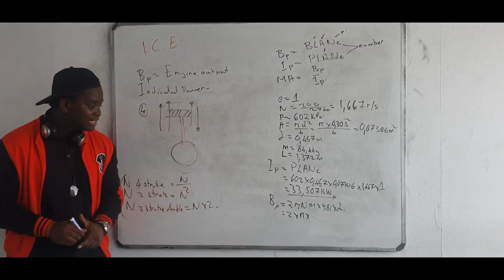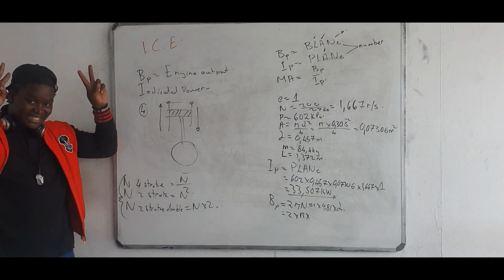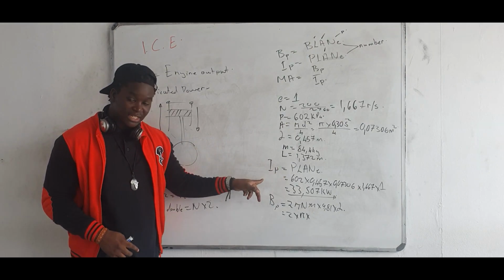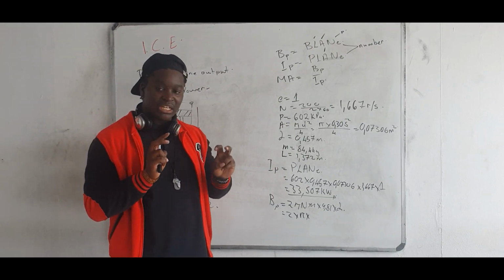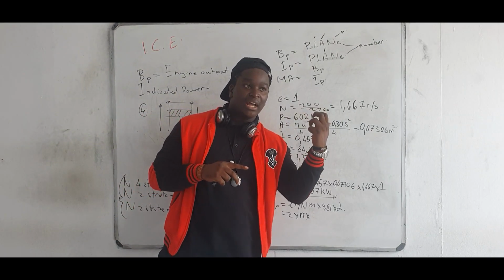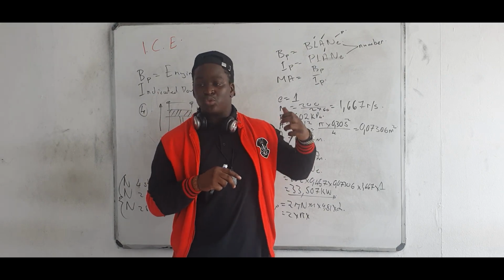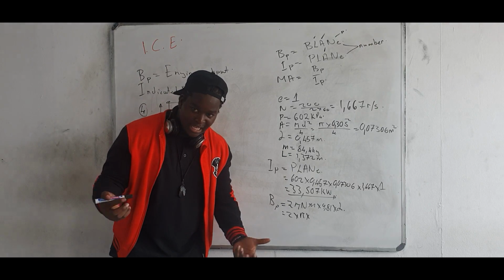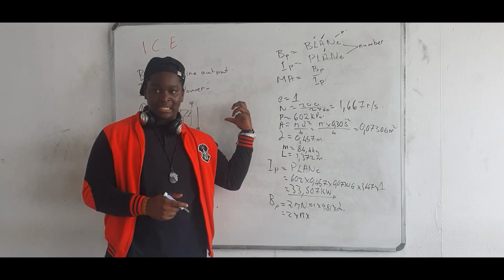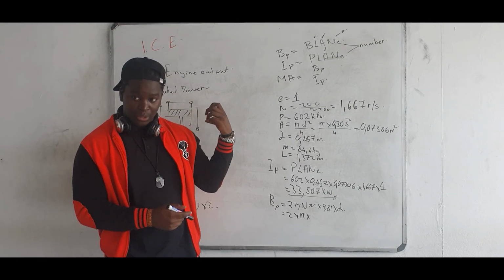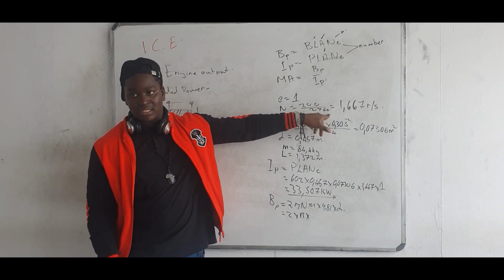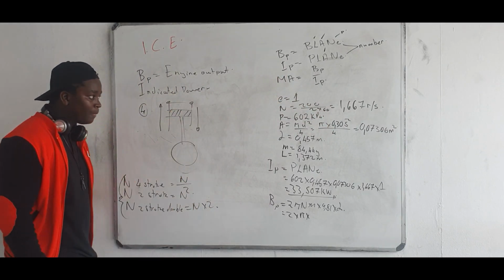Because 1,667 was used specifically to calculate indicated power, because we're using it to see which cylinder is working per revolution. Here we don't care about the cylinders, we only care about the flywheel. That's why we're going to say 200 divided by 60, not multiply anything by 2.